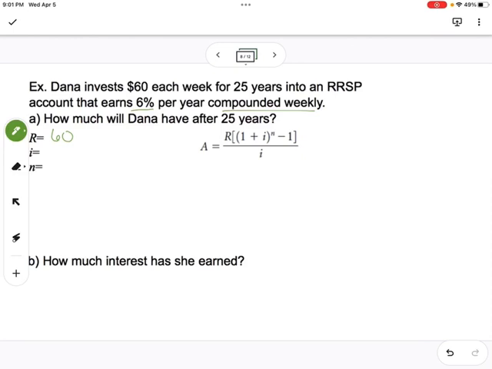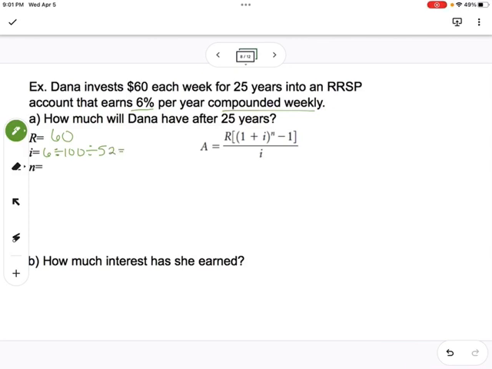So our 6%, we want to change that to decimal, so it's 6 divided by 100. And we also need to divide by our number of compounding periods. There's 52 weeks in a year, so we need to divide by 52 as well.